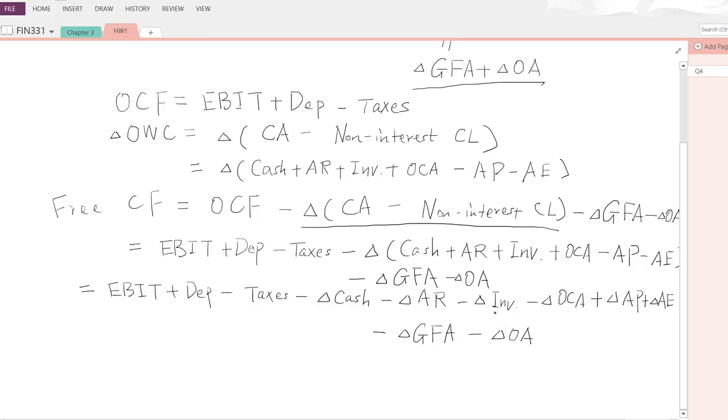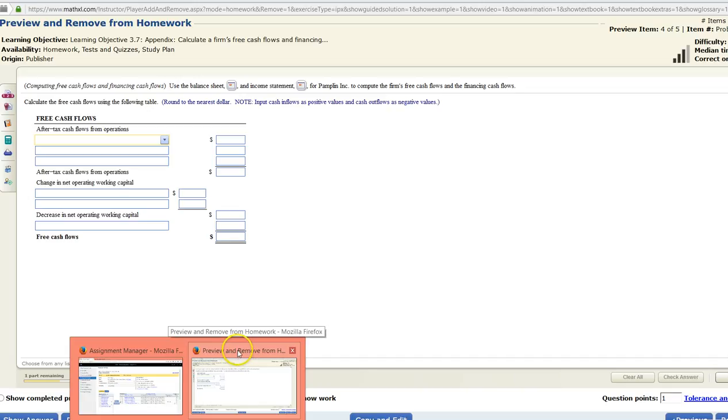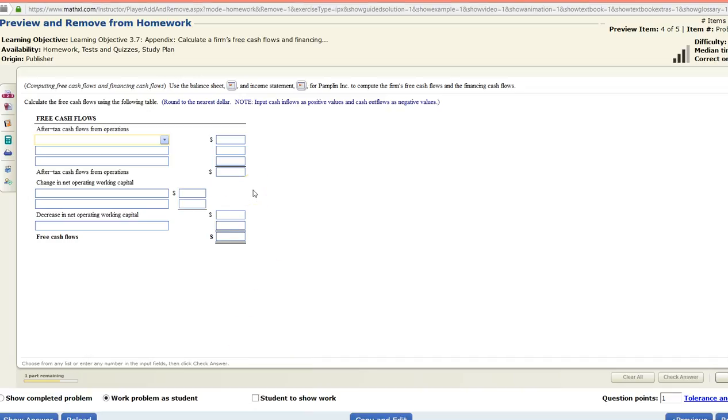So now with that clear, I want to go to question number 4 of homework 1, as an example to show you how we actually do this type of question, giving appropriate signs to each of the cash flow items. This is question number 4, computing free cash flows and financing cash flows.